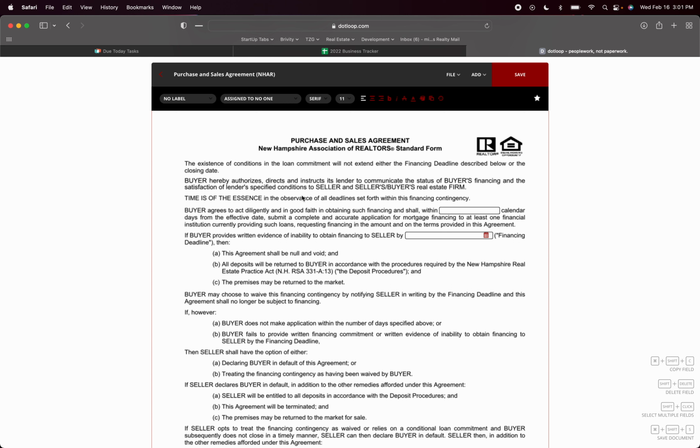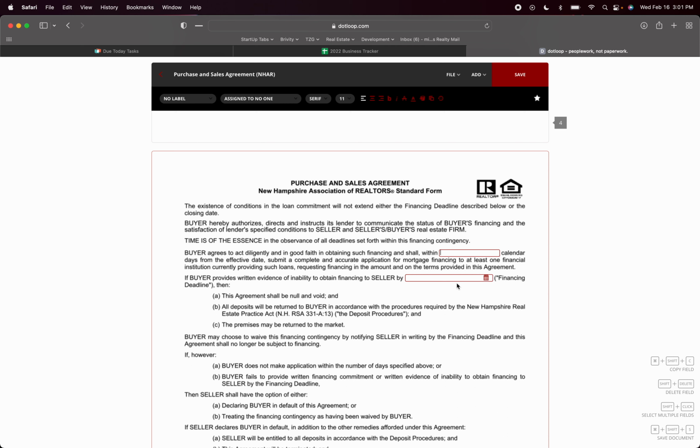This is going to talk about the deadline to submit an application for the buyer's mortgage. So within X number of calendar days, again, this is counted from that effective date that we established right at the beginning, the buyer is agreeing that they're going to submit a complete and accurate application for mortgage financing to at least one financial institution.